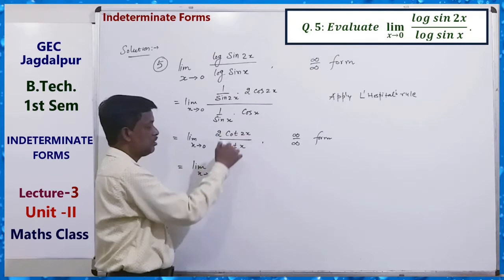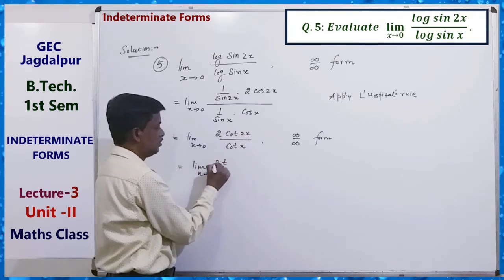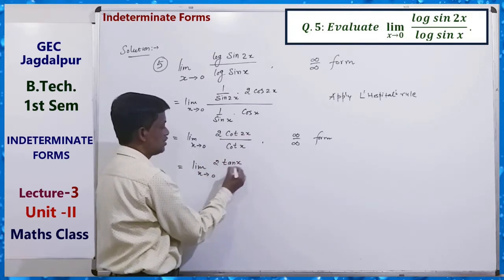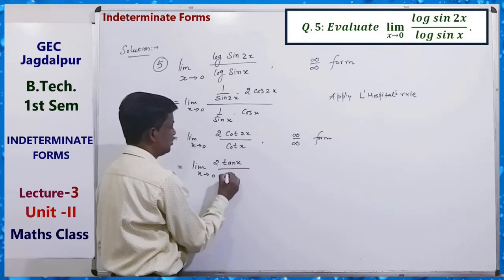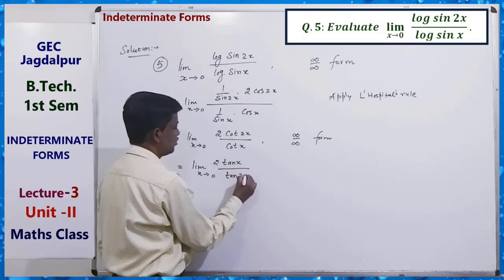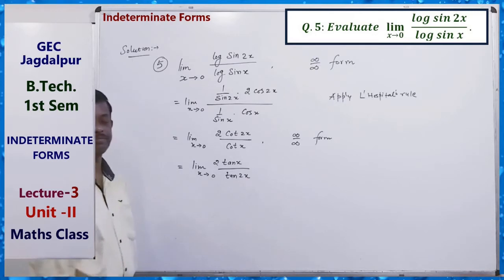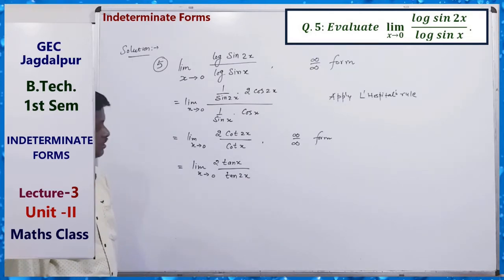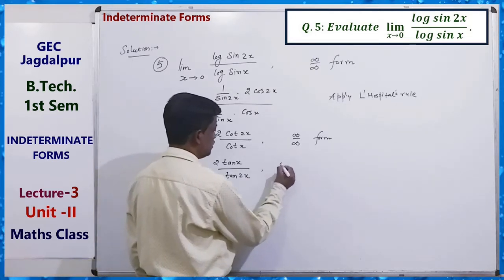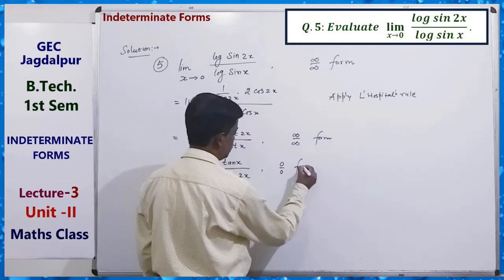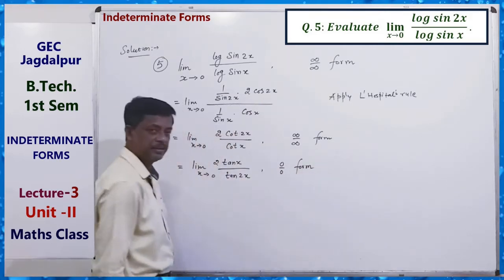So 1 upon 1 by cot, that is tan 2x upon tan x, you can write. So this is what form? The 0 by 0 form, we can write.